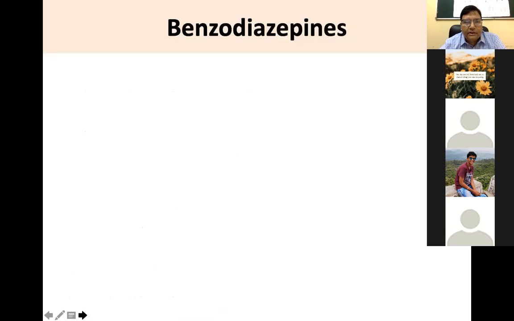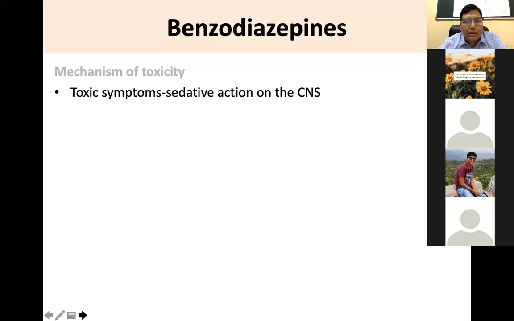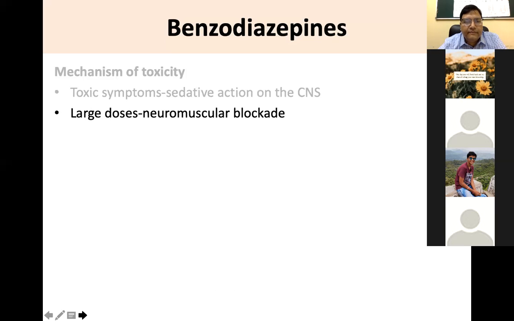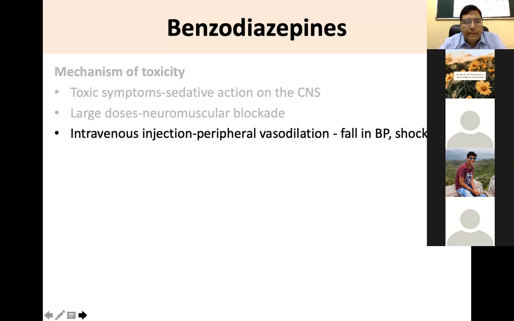The next drug is benzodiazepine poisoning, whose symptoms resemble the sedative actions on the CNS, and in larger doses they will produce neuromuscular blockade. By IV route, they will produce peripheral vasodilation, which leads to a fall in blood pressure and shock.